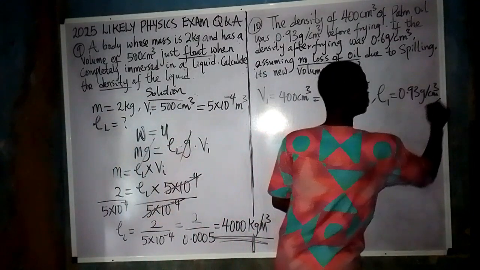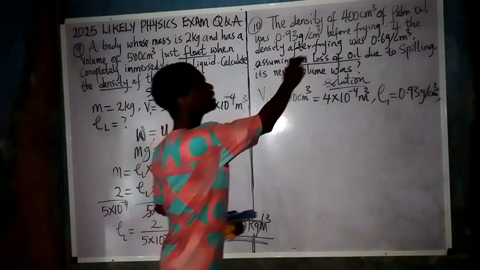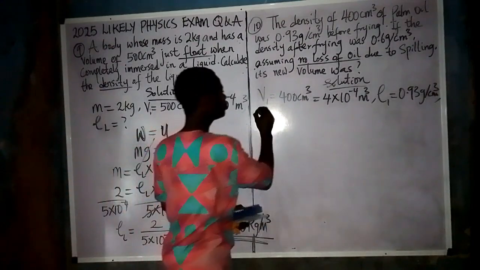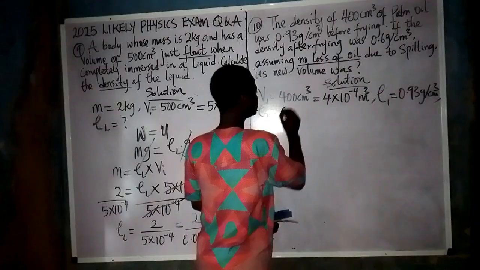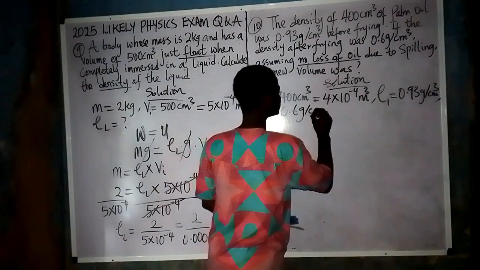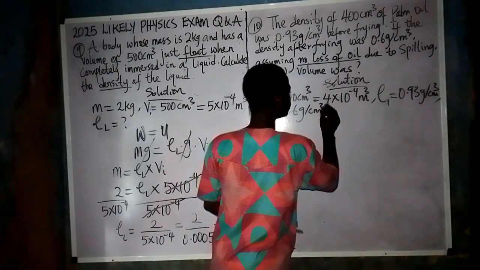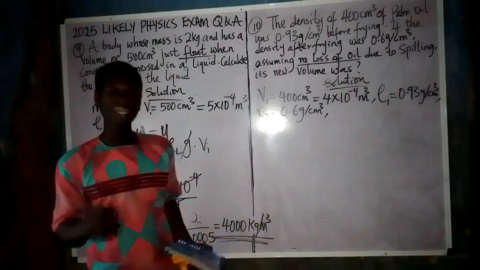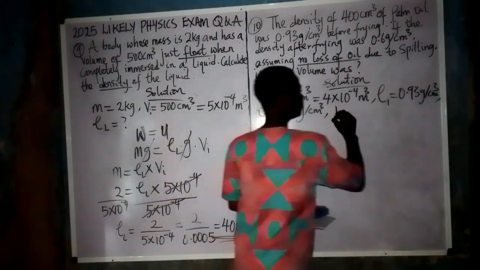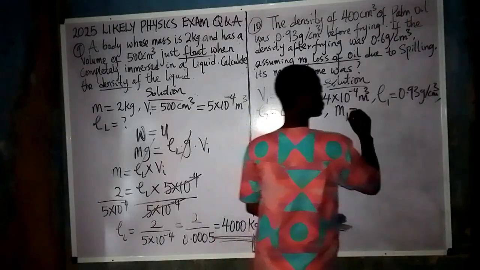So we continue. Then I said, if the density after frying, so that will be P2 because it's after the frying, they said is what? 0.6 gram per cm cube. Okay? So we continue. Then I said, assuming no loss, that is the mass before is equal to the mass after.